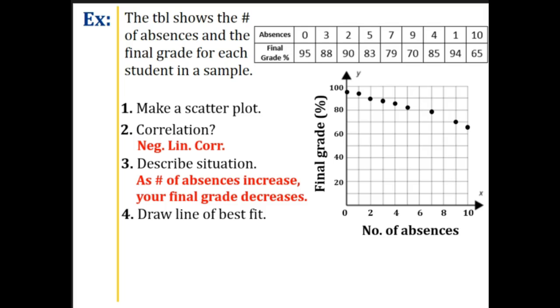X or y? Oh, X. And what is my final grade going to be? X or y? No, y. Okay. So when x is 0, what is y?